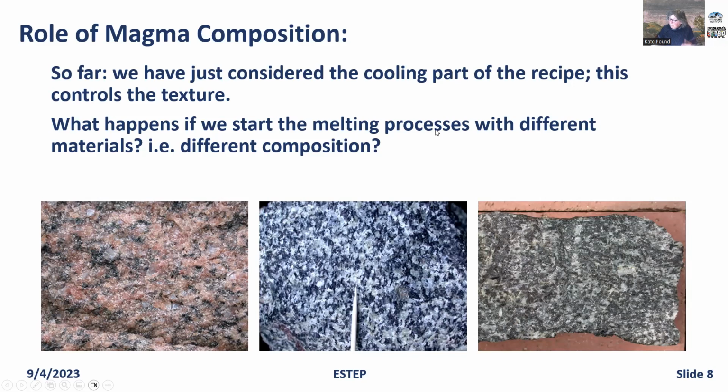If we melt a bunch of different composition rocks, then we have different compositions for the magma. And that's going to impact what is produced when that molten material cools. So here we have rocks that are formed from essentially 3 different magma compositions.